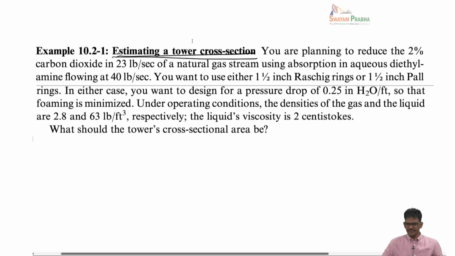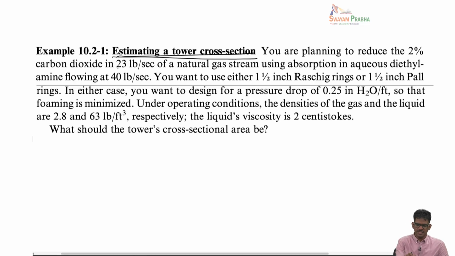So the question goes like this: you are planning to reduce the 2% carbon dioxide in 23 pound per second of a natural gas. This is basically the mass flow rate of the gas, using absorption in an aqueous diethylamine flowing at 40 pound per second. So liquid flow rate is also given, gas flow rate is also given.